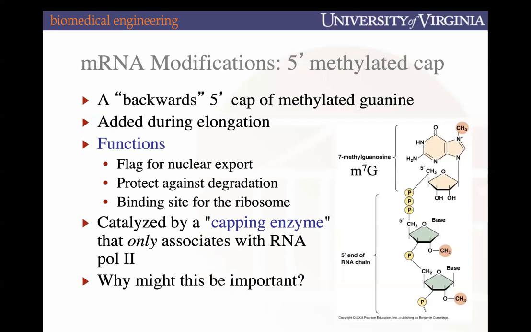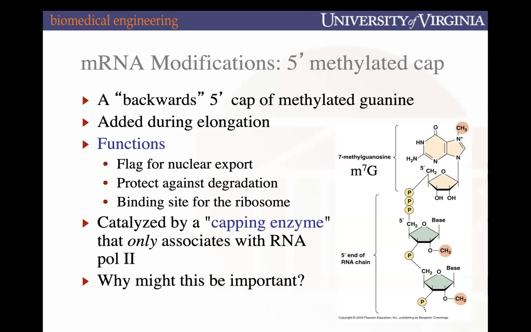Why do you think it's important that this capping enzyme is only associated with what's made from RNA polymerase II? It's not a trick question, but just as an application, why do you think that's important? Does RNA polymerase II only interact with eukaryotes, so only... You're on the right path, but it's not just that.